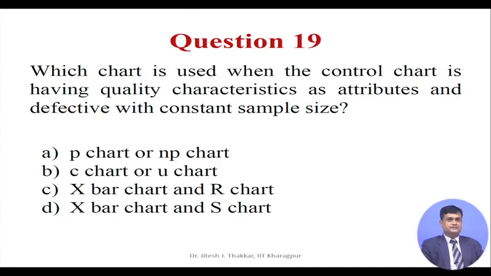Question 19. Which chart is used when the control chart is having quality characteristics as attributes and defective with constant sample size? A, P chart or NP chart. B, C chart or U chart. C, X bar chart and R chart. D, X bar chart and S chart.